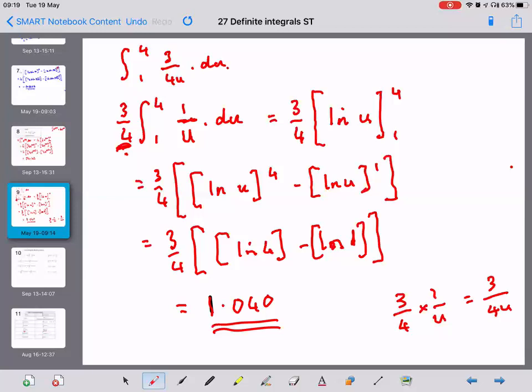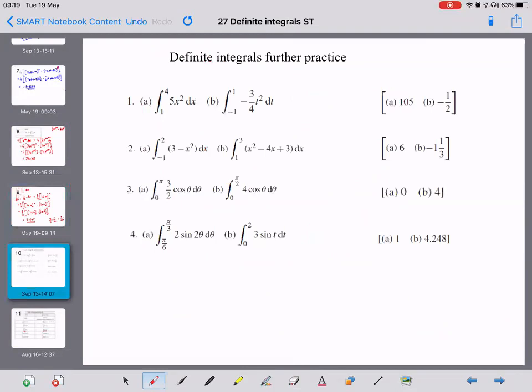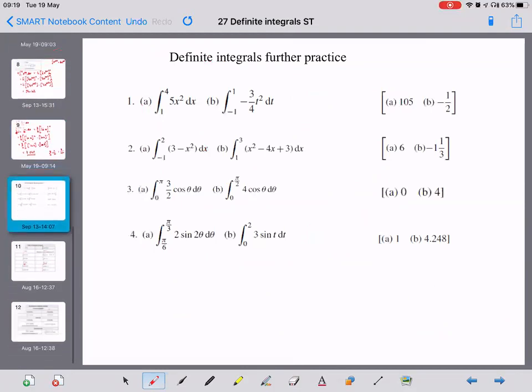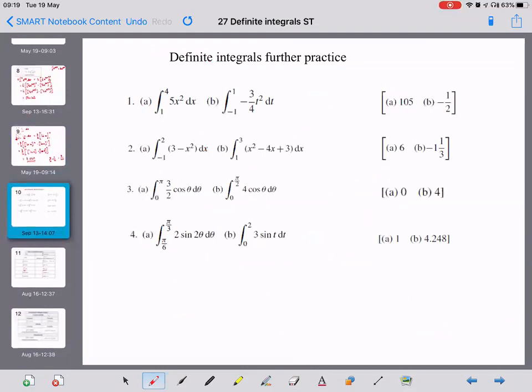Just check that answer and then make sure that's what you get, so you know you're using your calculator right. All happy? Yeah. Right. On the final page of your handouts before your table of integrals, there are 4 examples.